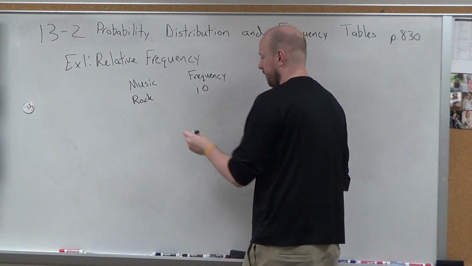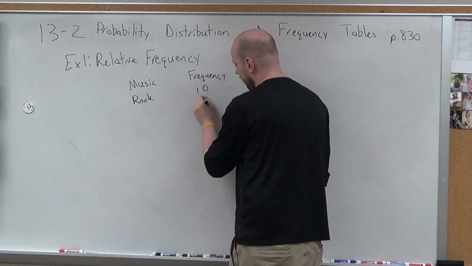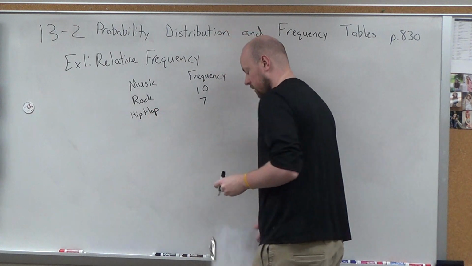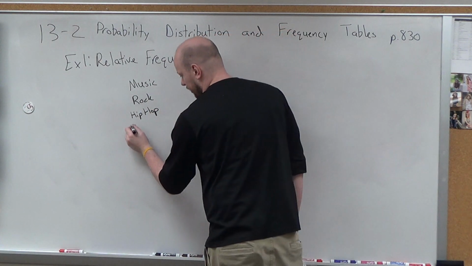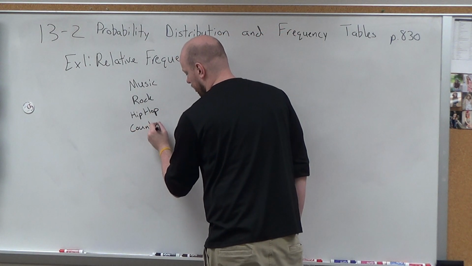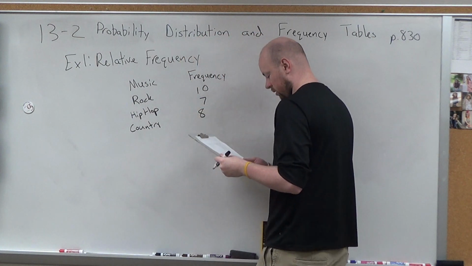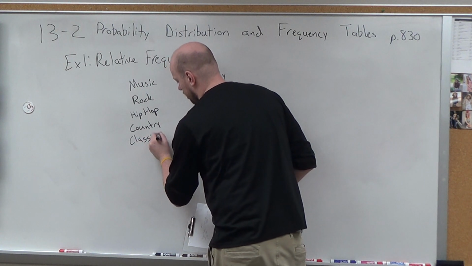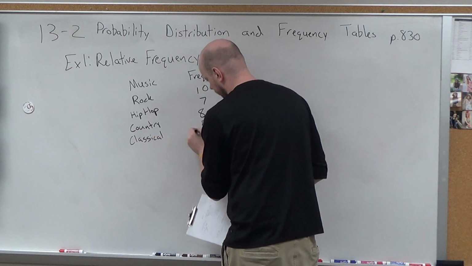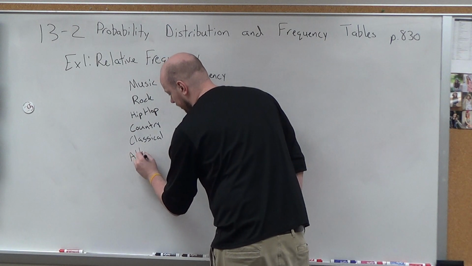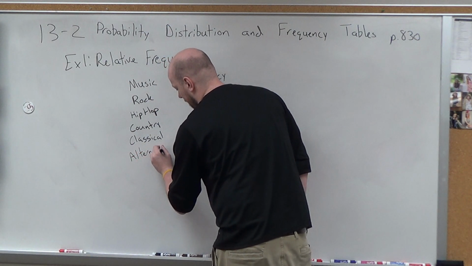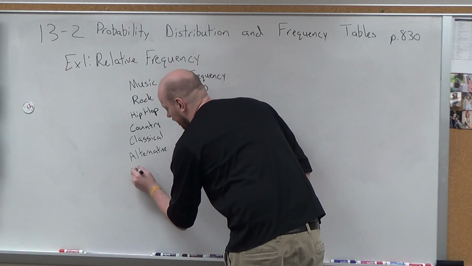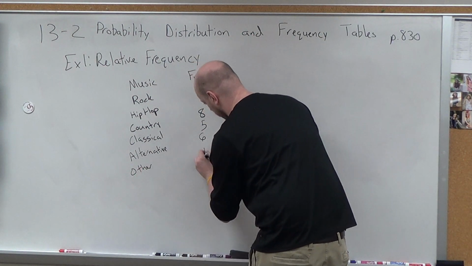And then we have 7 people who are all about that hip hop. Then of course we have country music fans with 8. We have classical with 5. We have alternative with 6. And then we just have other for 4.